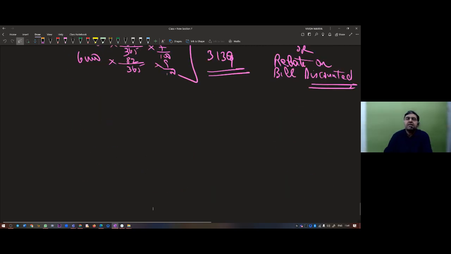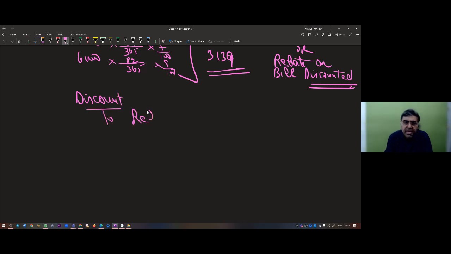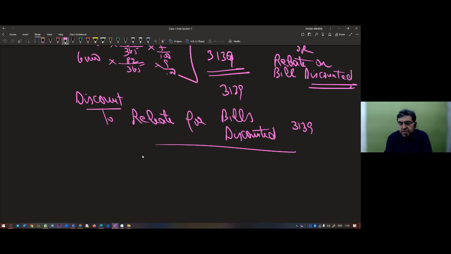So this is unearned income. You will debit discount, reduce the income and create a liability. The name of the liability is rebate on bill discounted, 3139. Make the correction in your book, guys.